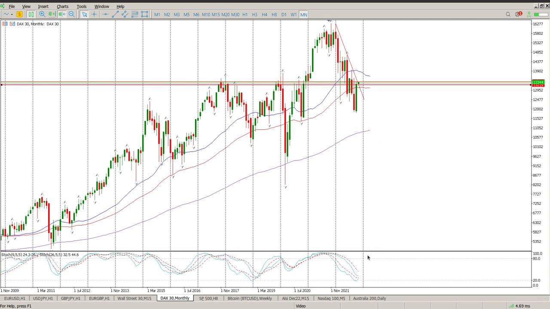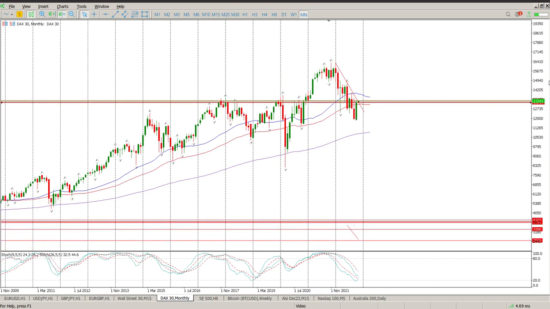But look at the oscillators here. This is the one thing when I look at the higher time frames which really gets me excited, because I've got a big engulfing bar here with my oscillators grouped to the downside on the monthly. This is just screaming at me, get ready for something big. There's going to be some kind of a breakout here, at least to test the highs, possibly new highs.